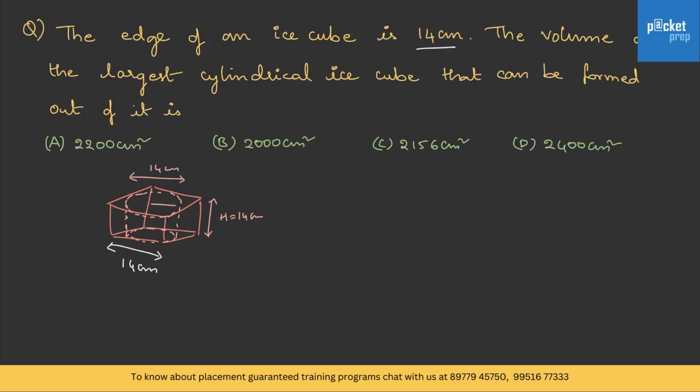So what could be the radius? The radius could be 7. The volume of the cylinder is pi r square h, so that is 22 by 7. Radius maximum could be 7 square into height is 14. So this is 2156 centimeter cube. That is option C.